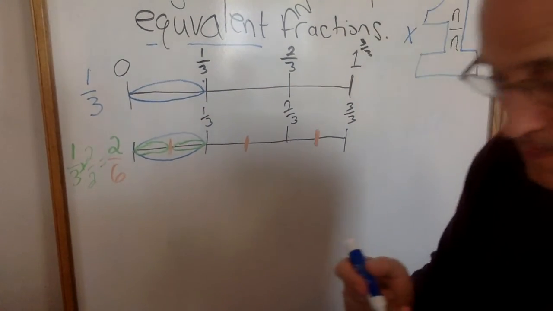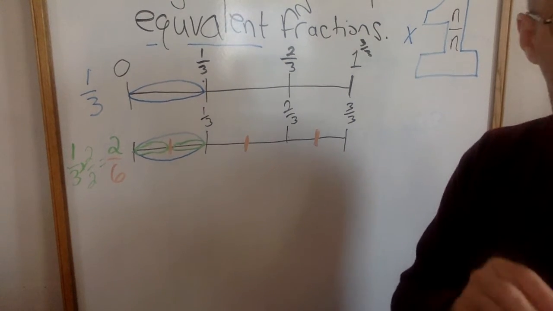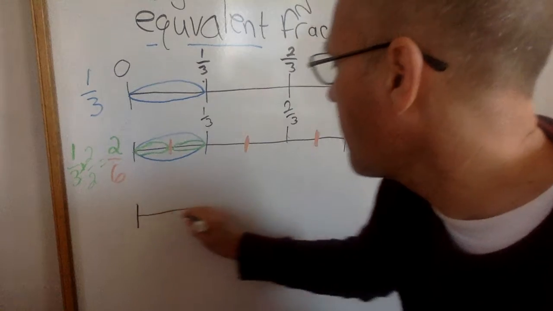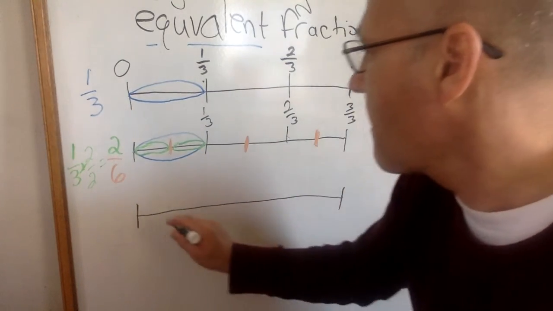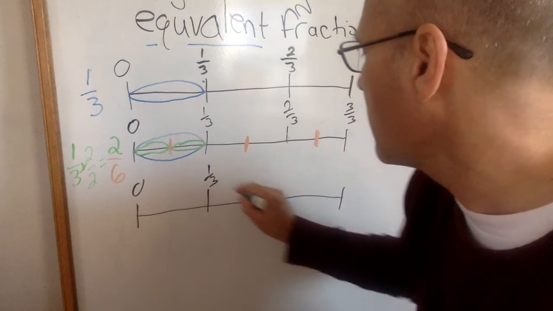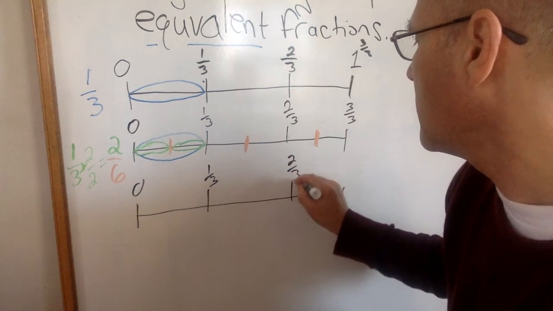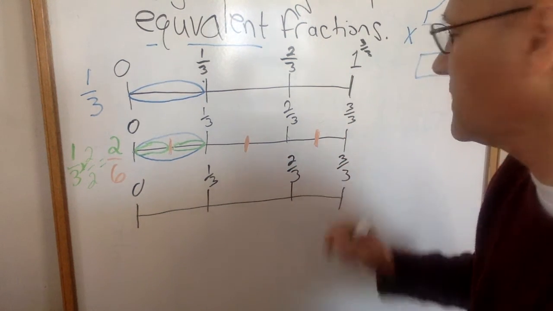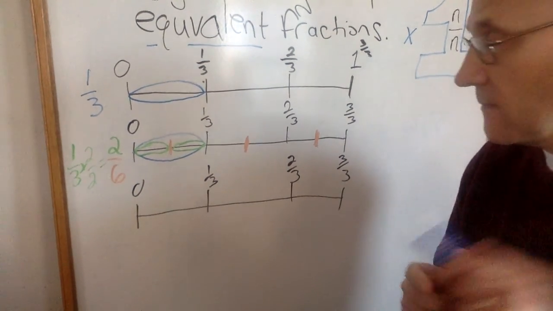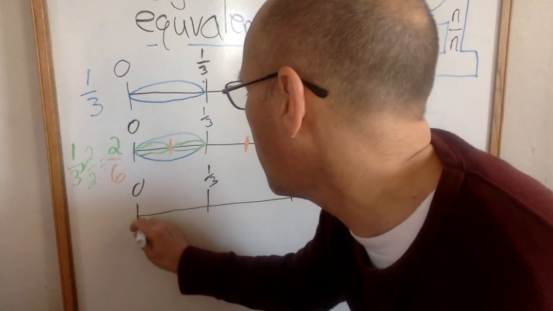Now, let's try it again. 0, 1/3, 2/3, 3/3. And I have 1/3.